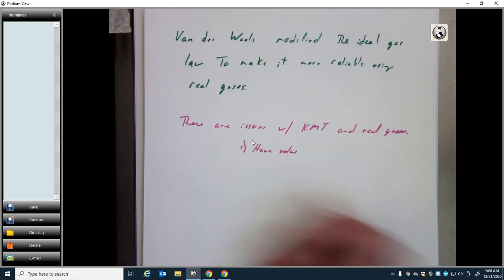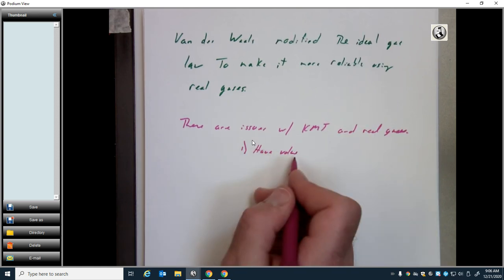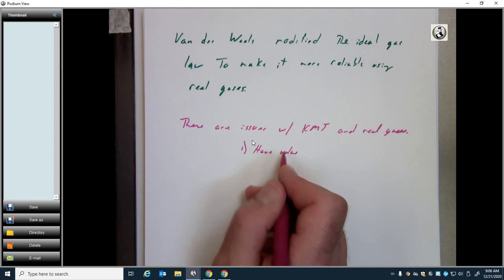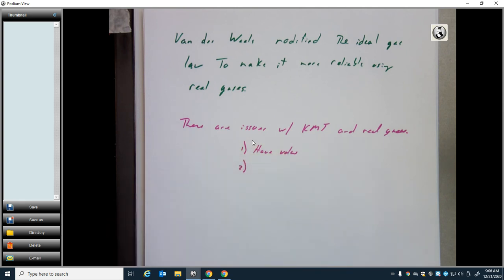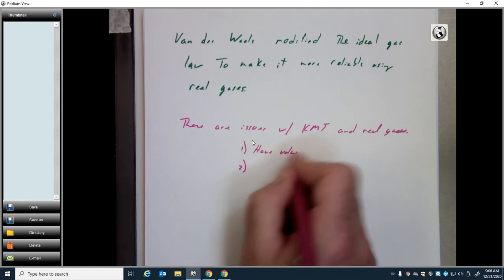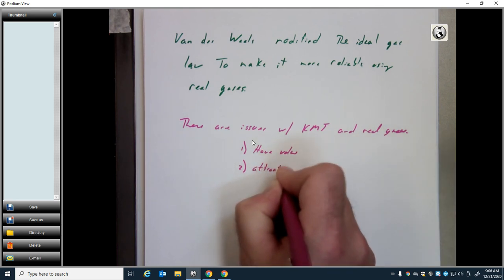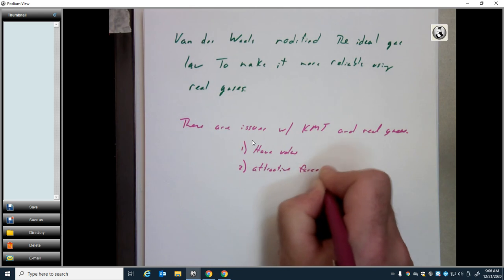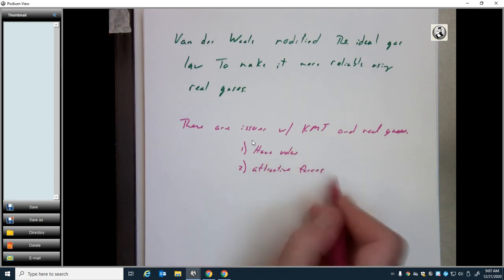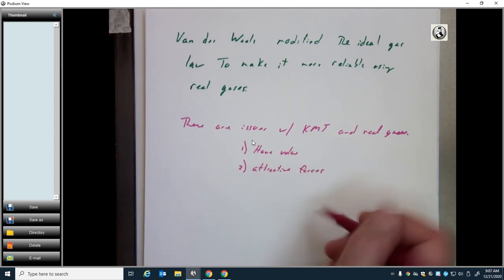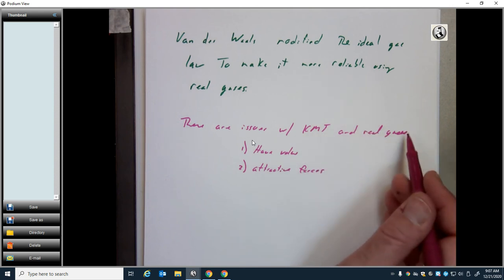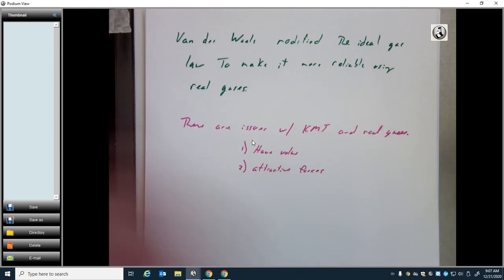KMT says they don't have volume, or it's negligible. So that's one issue. Another big issue is real gases have attractive forces. KMT says that they don't. So real gases have some issues with the KMT.